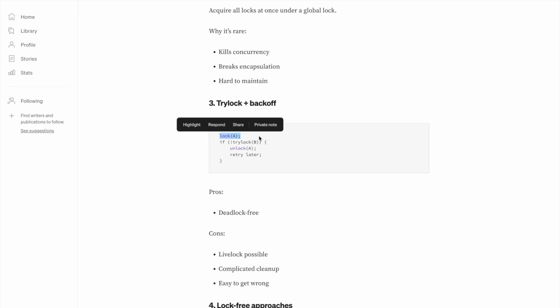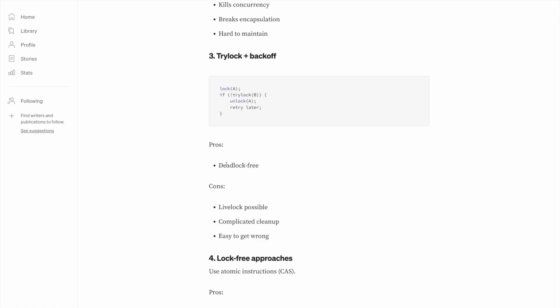You can do a lock and then inside you can do this. The good gain is that it is deadlock free, but there are consequences: livelock is possible, cleanup is complicated, and it's easy to get wrong.